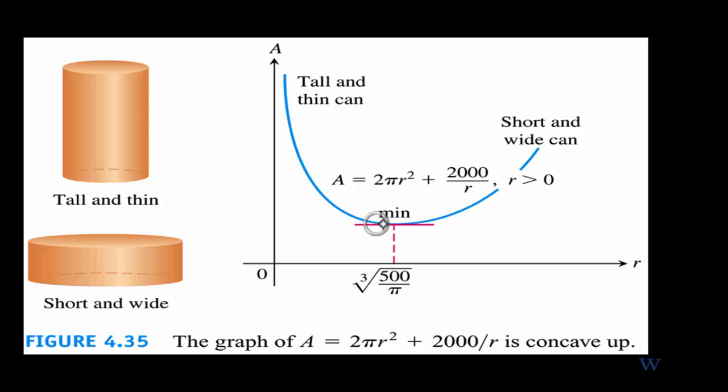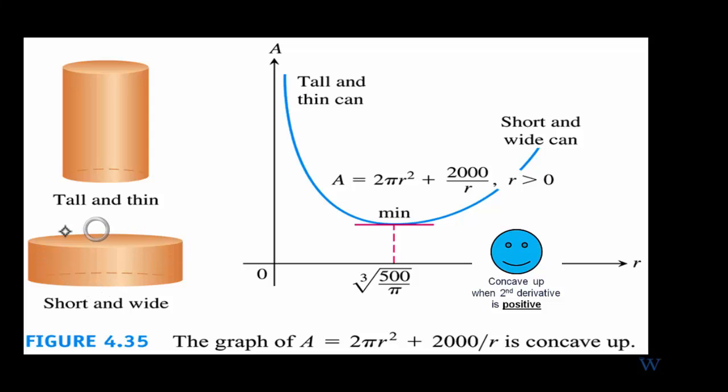And you have a zero derivative, and then it's concave up because the second derivative of A, if you substitute this, is positive. So that makes it concave up. So it minimizes the surface area. Here is just how it looks like, that if you had it too tall, then that uses up more materials.